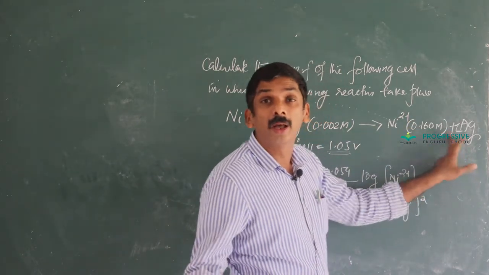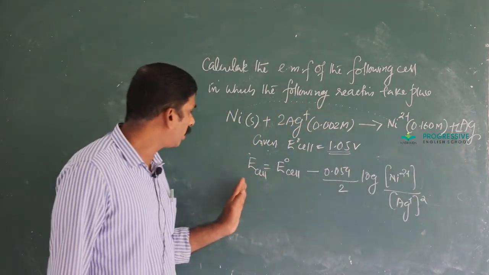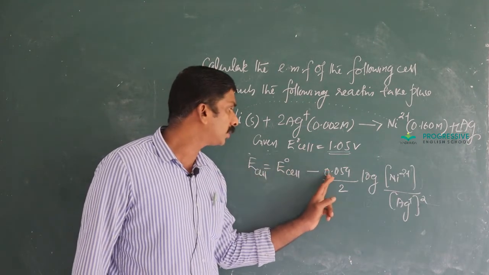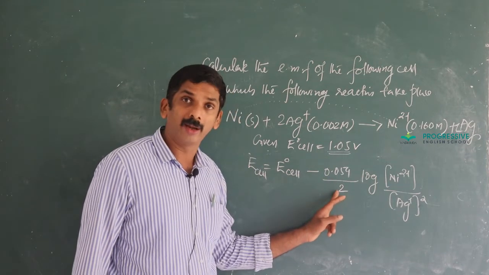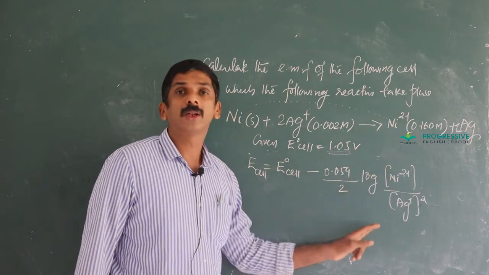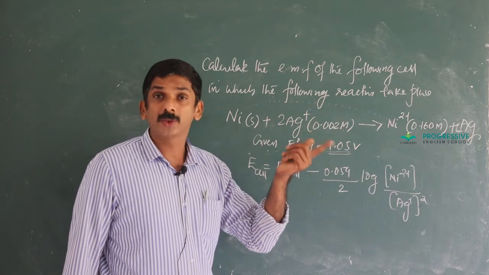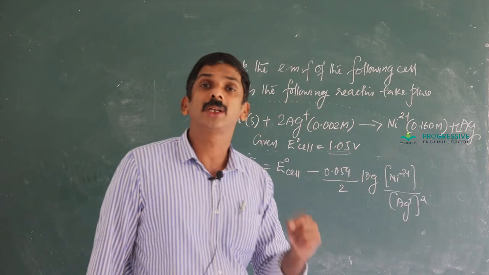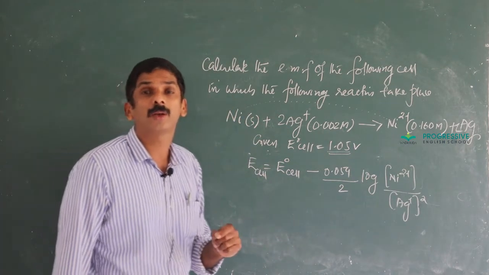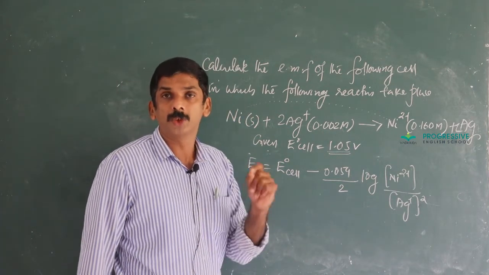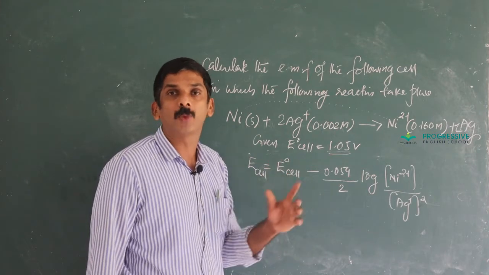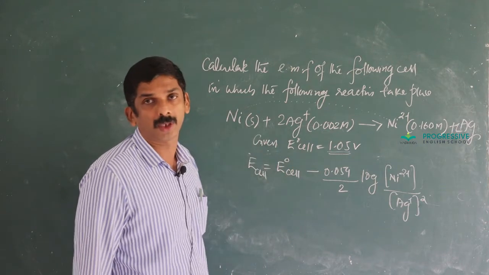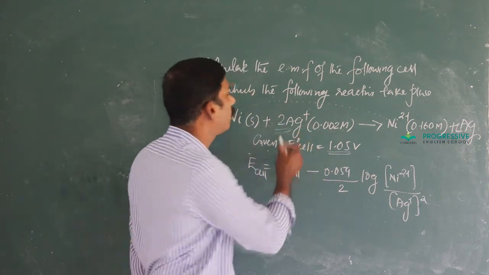The electrode potential E cell equals E0 cell minus 0.059 by n log of the molar concentration of C raised to c into the molar concentration of D raised to d, divided by the molar concentration of A raised to a into the molar concentration of B raised to b, where small a, b, c and d are the coefficients of reactants as well as products. That is why here we have 2 moles of Ag plus.